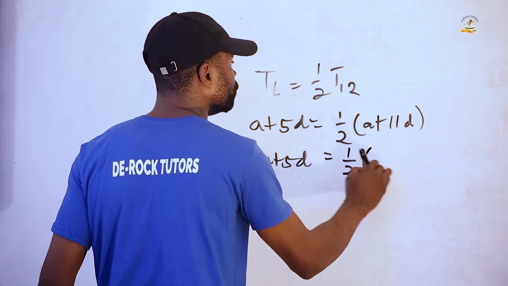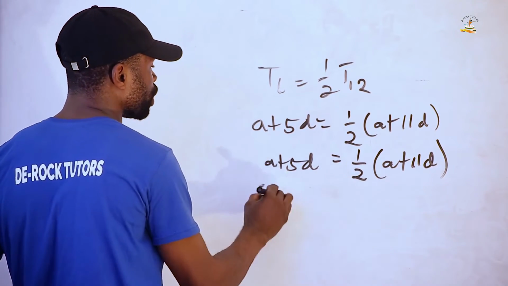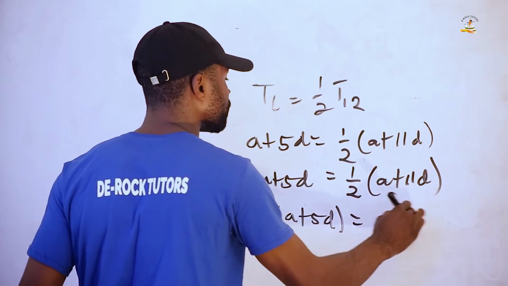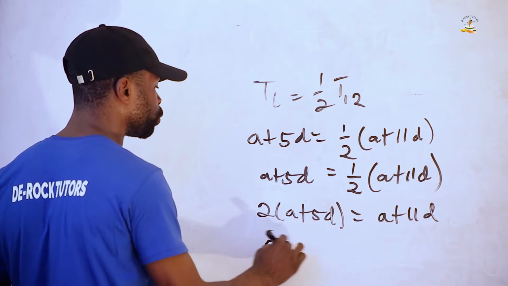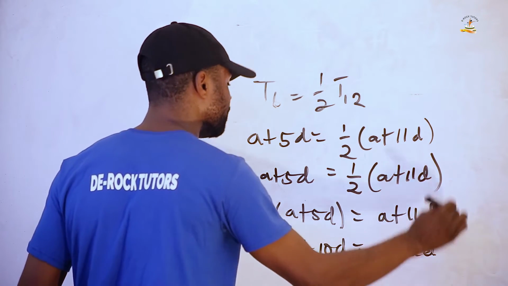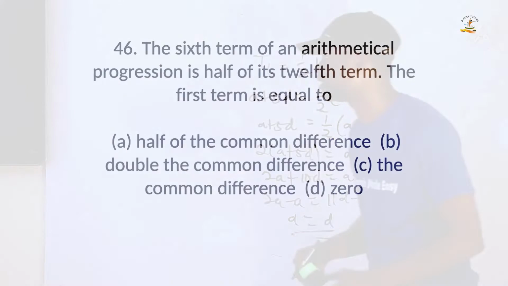You cross multiply, you have 2 into A plus 5D is equal to A plus 11D. This will give us 2A plus 10D is equal to A plus 11D. This will give us 2A minus A equal to 11D minus 10D. Then you have A equal to D, meaning that the first term is equal to the common difference. And the correct option there is option C.